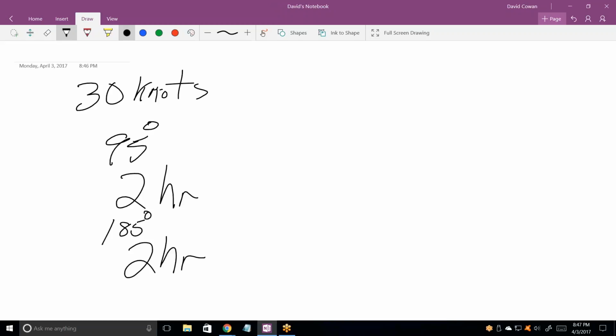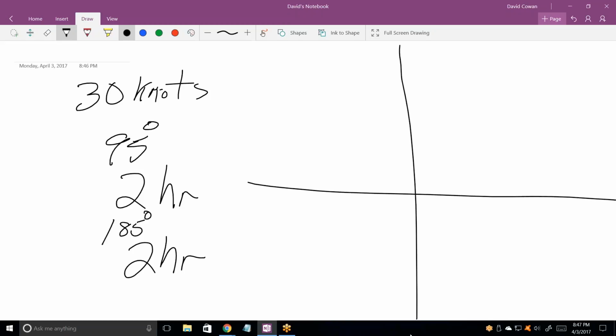All right. And then find the distance from the port to the boat. All right. When you give bearings in seafaring language, you're talking about angles from the north.